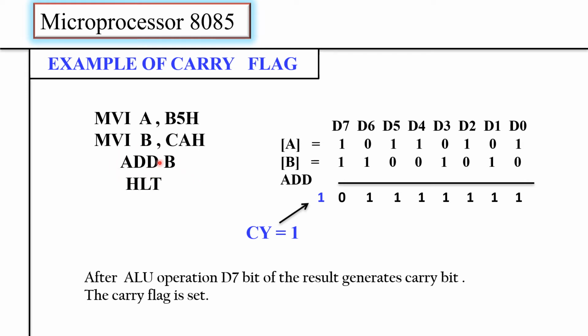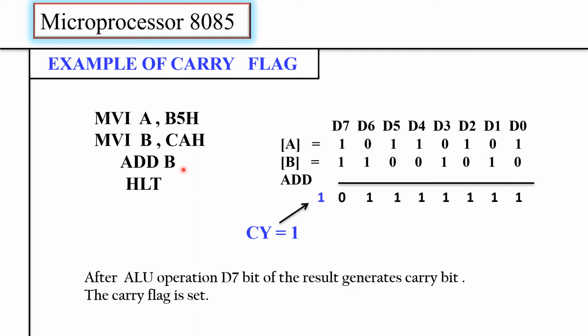This instruction is ADD B. It is understood that one of the operands is the accumulator. So B is going to be added with the data of the accumulator. So ADD B implies that the data of register B is added with the data of register A. The content of the accumulator is added with the content of B, and after addition the result is stored again in the accumulator.